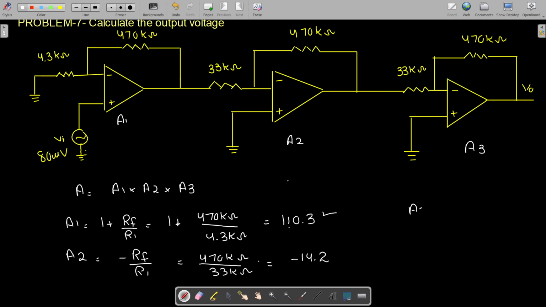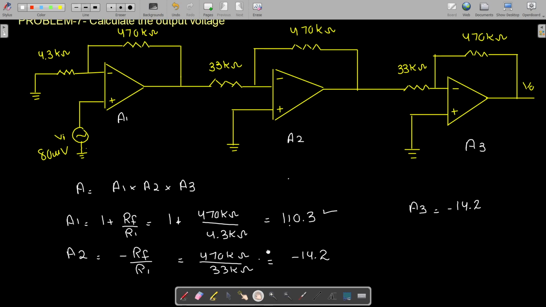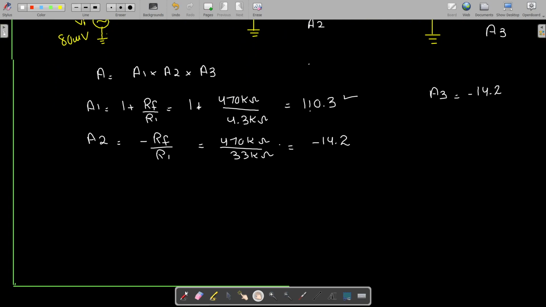And same is the case for A3, because this is also an inverting op-amp and we have the same feedback resistor and input resistor, so A3 will also be minus 14.2. So now the overall gain, because it is the multiplication of the three, is A1, which is 110.3, multiplied by A2, which is minus 14.2, multiplied by A3, which is again minus 14.2.